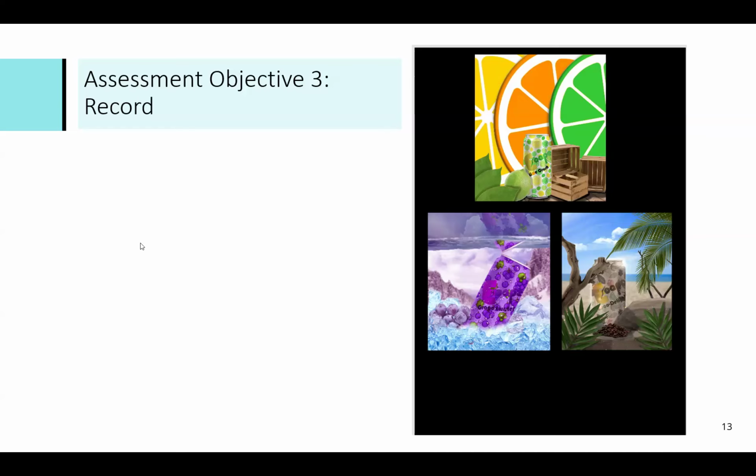Obviously, when you're creating advertisements for products, they want the product to stand out. So in the top one, for example, with the fruit slices, they might have wanted to make the can slightly larger in order to refine further and make that can stand out a little bit more in the advertisement.